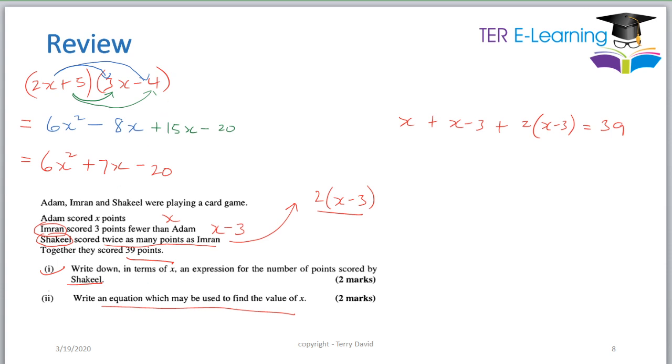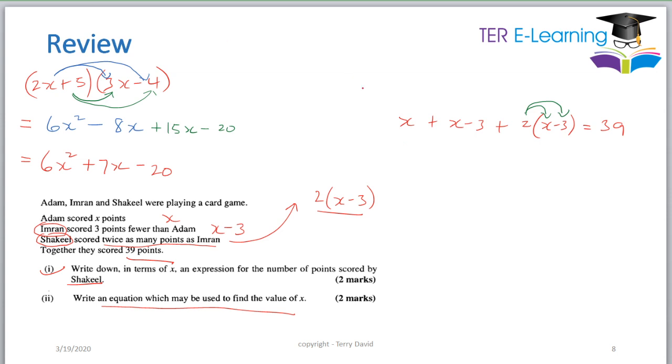All right, so what we're going to do, first thing we're going to remove the brackets here. So I'm going to say 2 multiplied by x, 2 multiplied by minus 3.